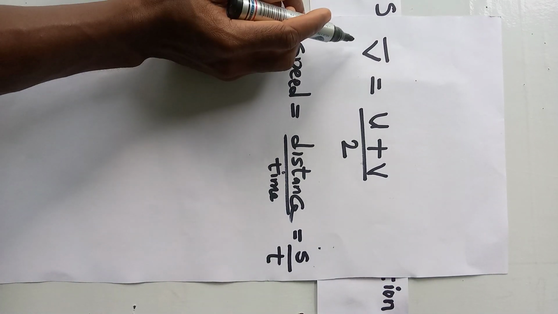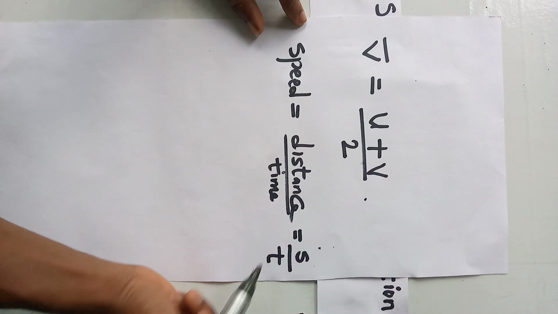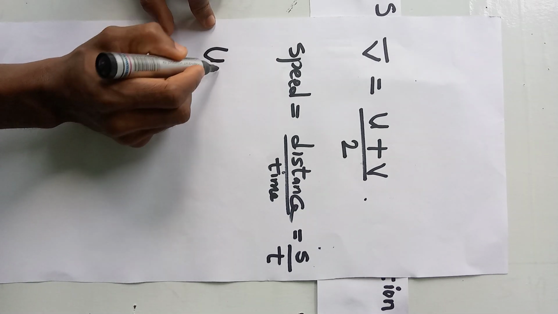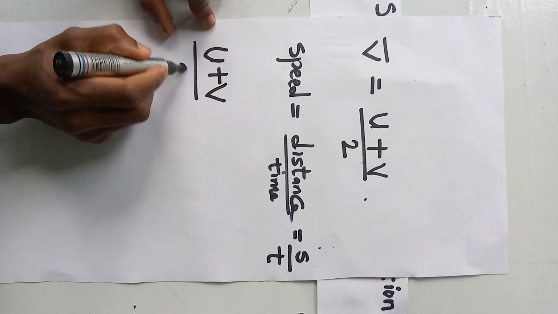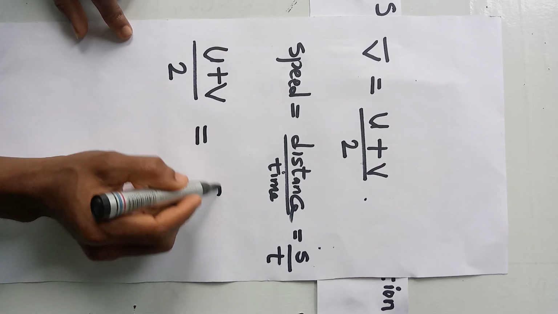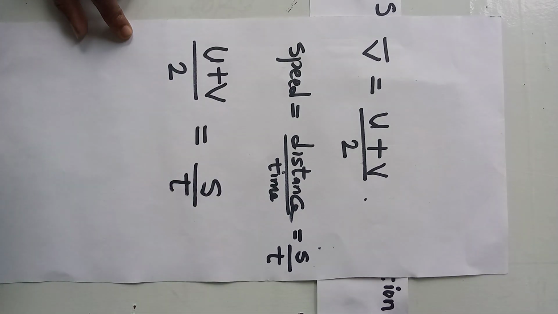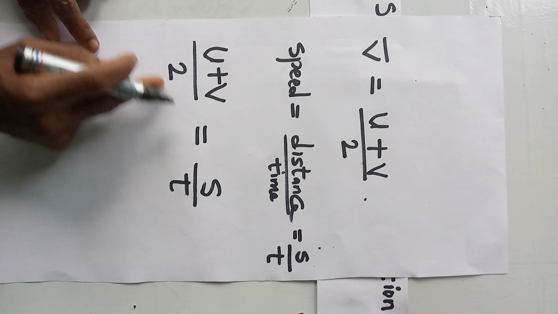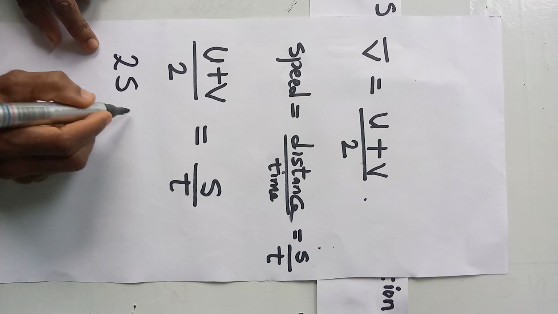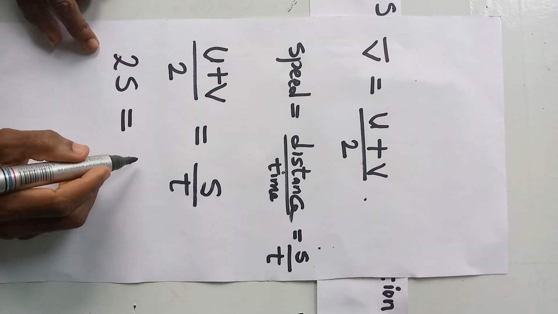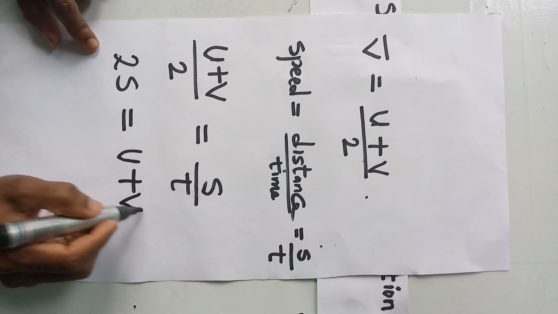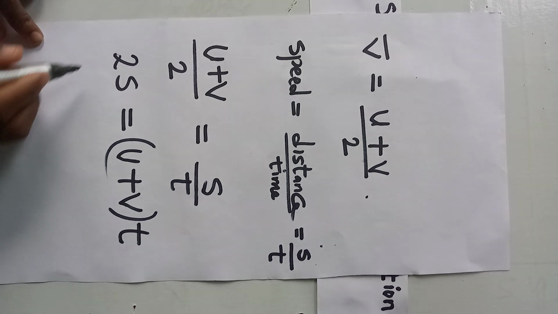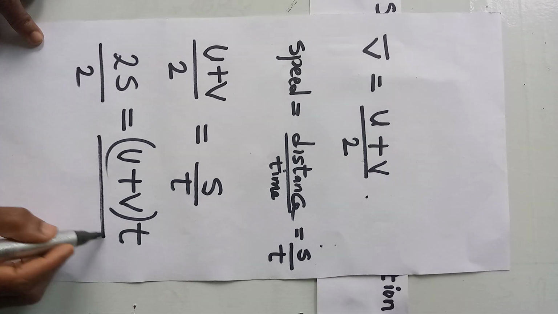So average velocity is equal to this. It's also equal to distance over time. So we can say that U plus V over 2 is equal to S over T. So from here, let us make S the subject of formula. So what do we have? 2 times S, we have 2S equal to T times U plus V. We have U plus V multiplying T. So to get my S, we have to divide both sides by 2.